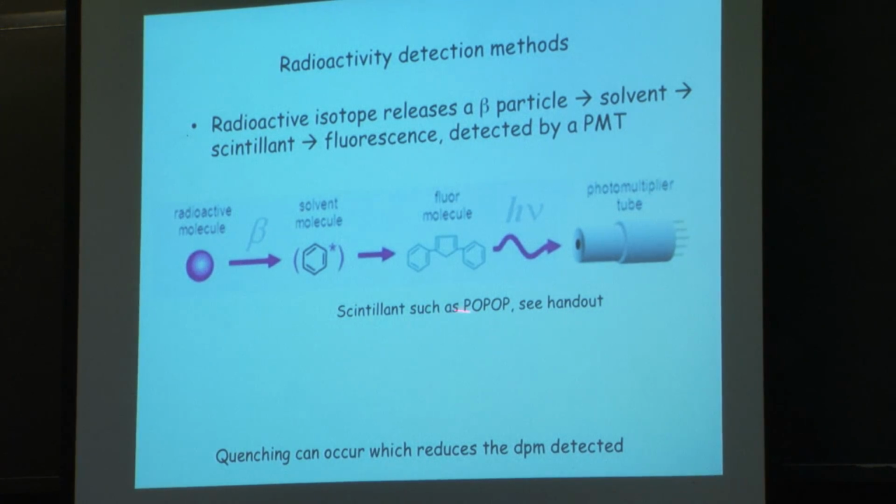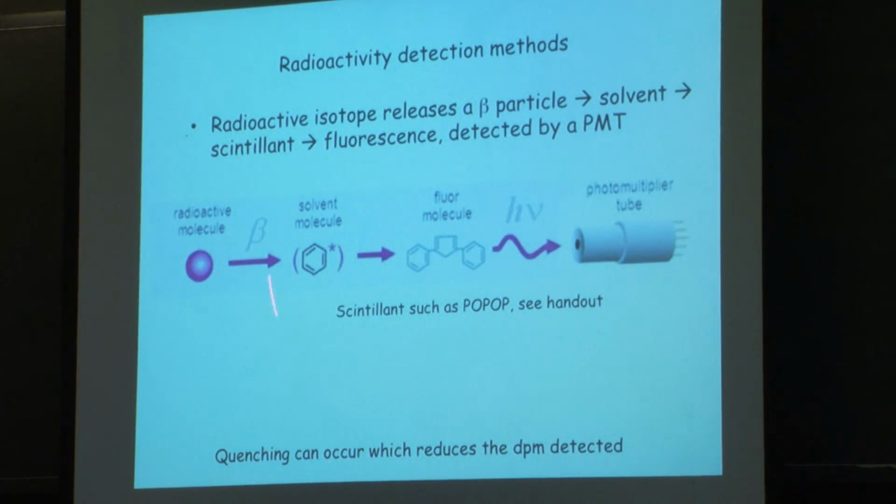The standard one we use in my lab is POPOP. You can look up scintillants in Google and find out what the structures are. Then these things decay, and when they decay, the energy is related to the detection method using a photomultiplier tube. So it gives you a quantitative measure of how much radioactivity you have over here and how much you get out on this side.